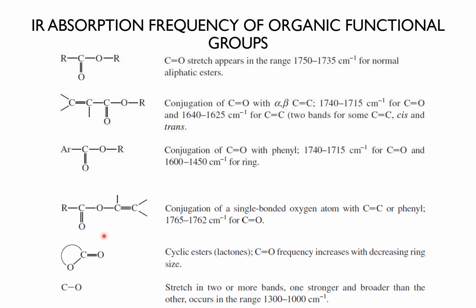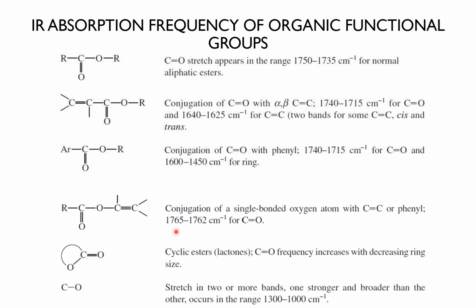If we have this kind of ester where you can see we have an olefinic double bond but there is no conjugation, what happens is the conjugation of the single bonded oxygen atom is with the carbon-carbon double bond. This carbonyl carbon-oxygen double bond is not in conjugation with the carbon-carbon double bond, while the carbon-oxygen single bond oxygen atom is in conjugation.